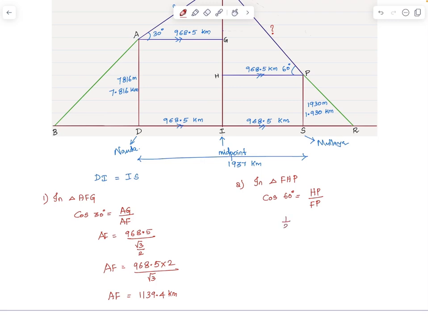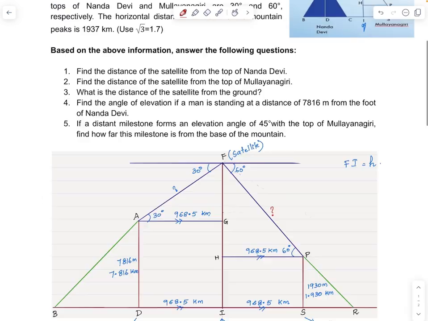Cos 60 is half, which is equal to HP is 968.5 and FP we don't know. FP is equal to 968.5 times 2. So FP is equal to 1937 kilometer.